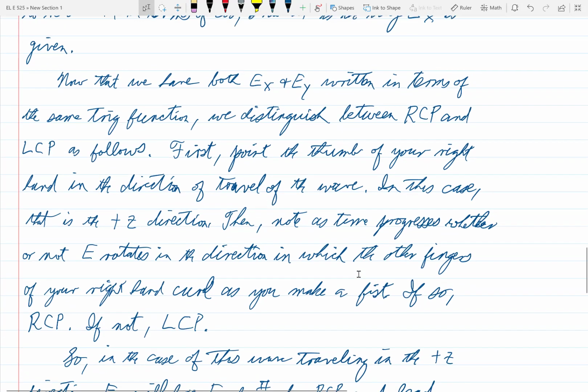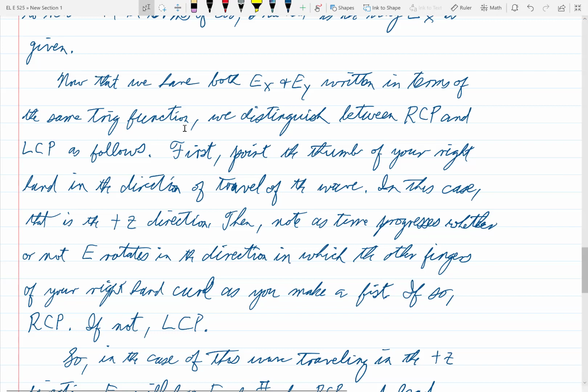Now that we have both Ex and Ey written in terms of the same trig function, we distinguish between right circular polarization and left circular polarization as follows. First, point the thumb of your right hand in the direction of travel of the wave. In this case, the direction of travel is the plus z direction. Then note as time progresses whether or not E rotates in the direction in which the other fingers of your right hand curl as you make a fist.